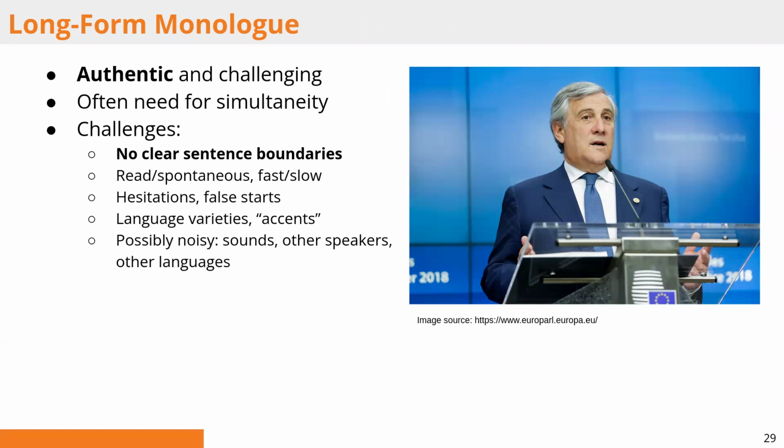So the challenge is that the speaker speaks longer utterances in one sequence, and there are no clear sentence boundaries. And the speech can be read or spontaneous, it can be fast or slow. There can be hesitations and false starts. The speaker can speak some uncommon language variety or so-called accent.